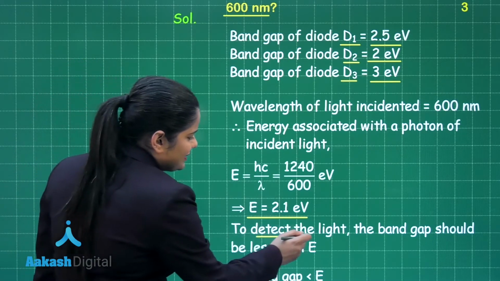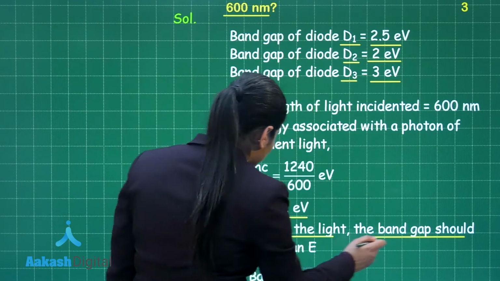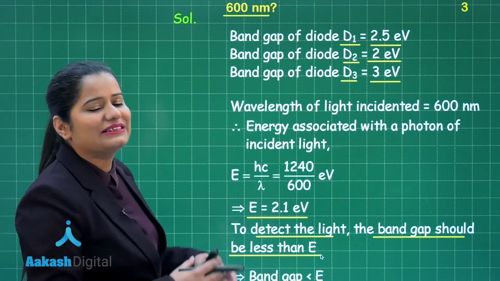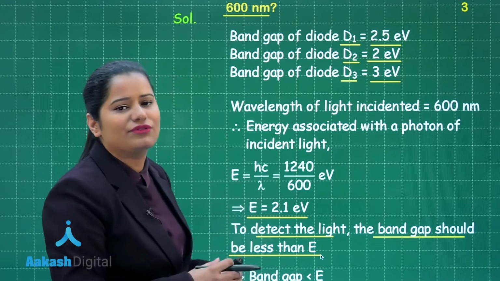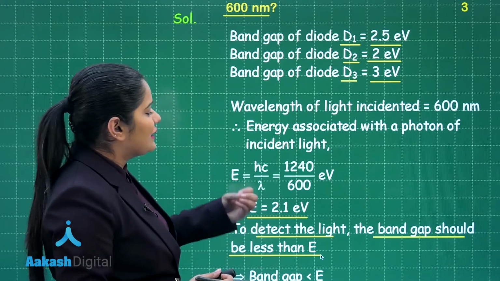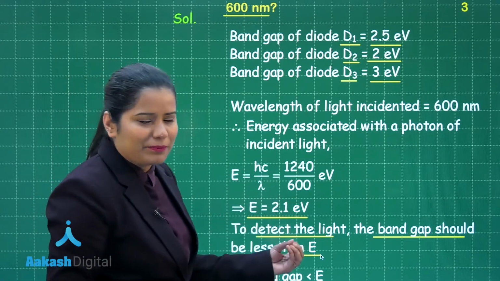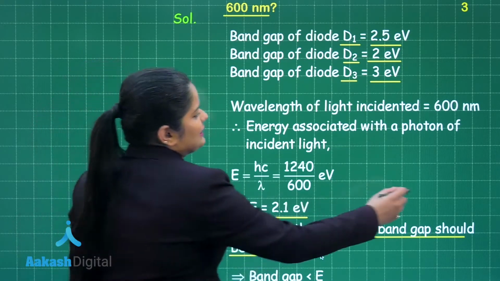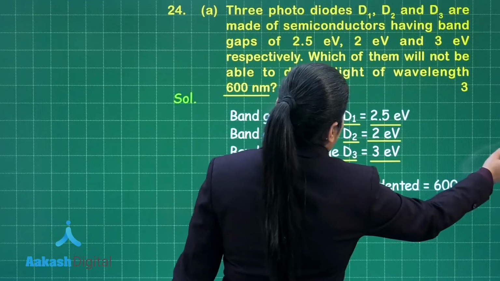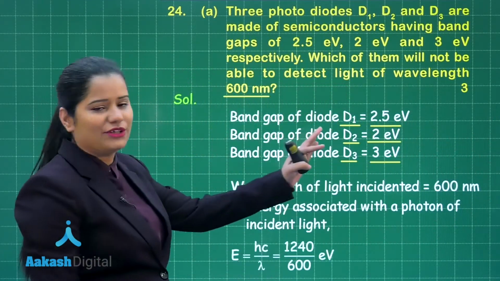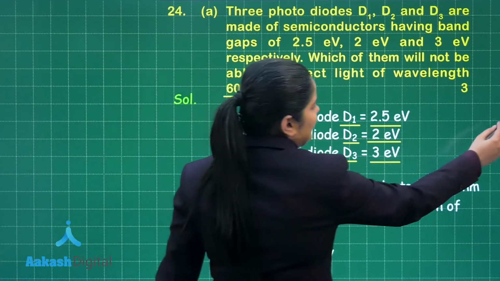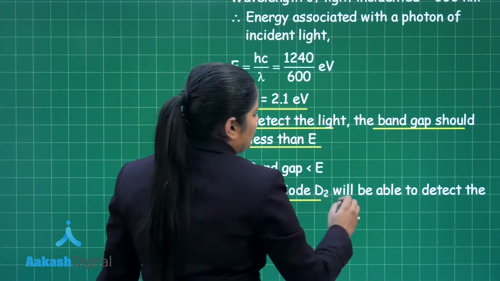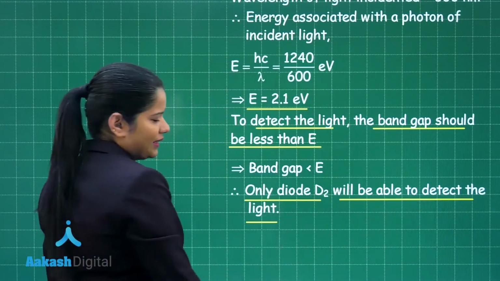Now to detect the light, the band gap should be less than E. So the energy that is associated with the given photon should be greater than the band gap. And if you have a look here, the band gap is less only in the case of diode D2. So you can write here that only diode D2 will be able to detect the light.